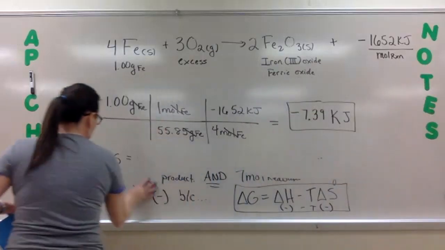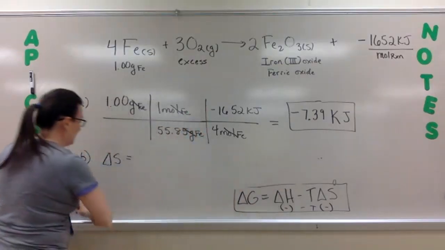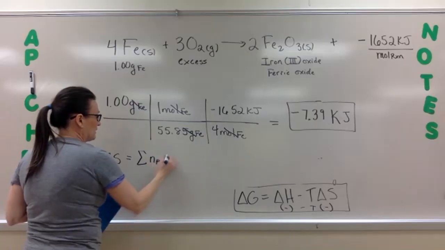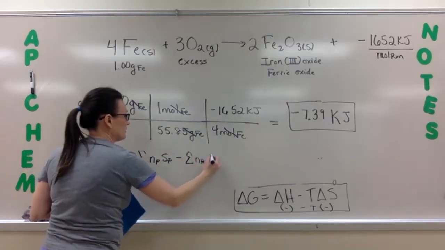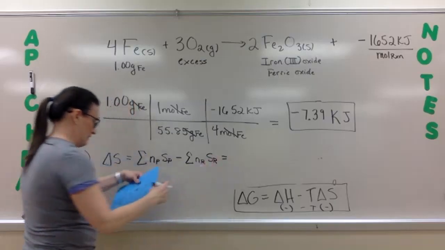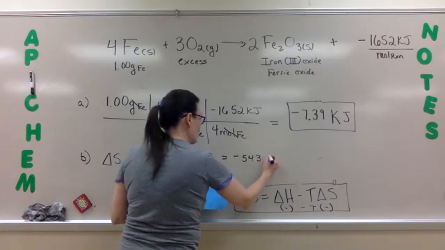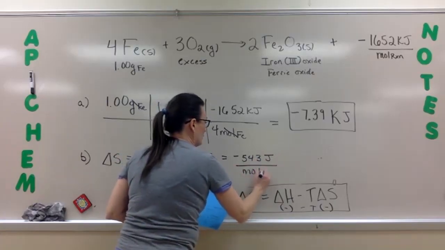So the delta S, I would have had to look up all the numbers in a table, and I would have had to use the summation of products minus the summation of reactants. Oh boy, that's ugly, so I don't care. Here's what I got. So here's the final answer. It was negative 543 joules, ding, ding, ding, per mole per Kelvin.